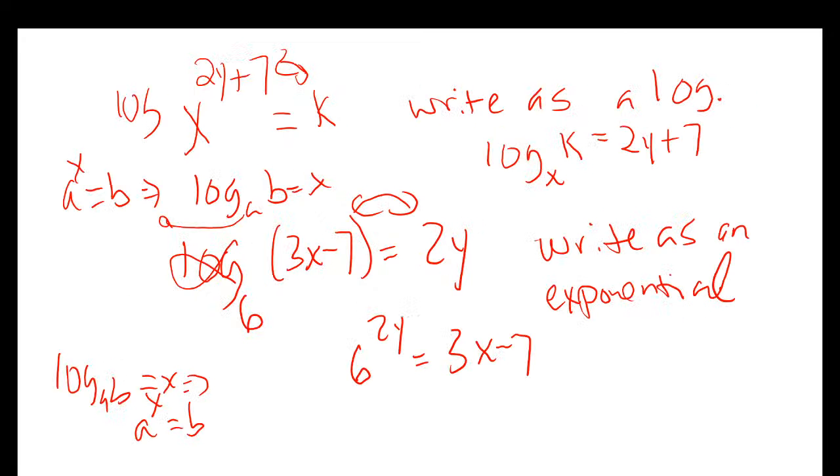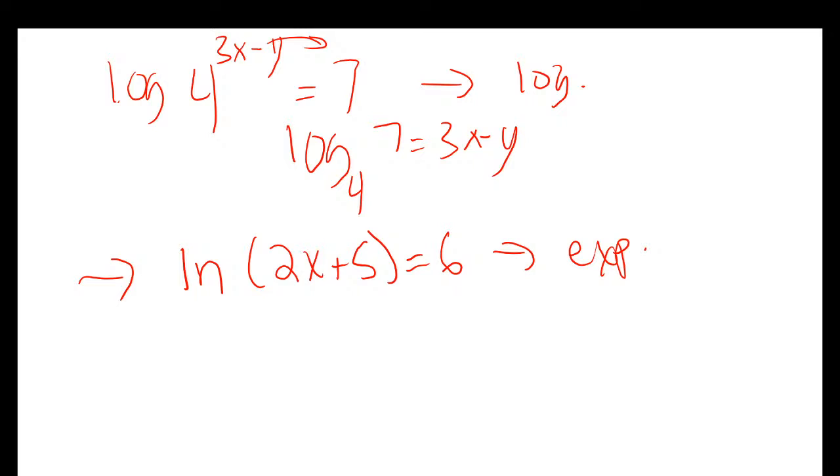Because every time we've done this, when I've asked you to convert from an exponential, I've given you this number here. This base has always been given to you. Here I don't give you the base. What's the base? If you don't see it for the ln, what is it?